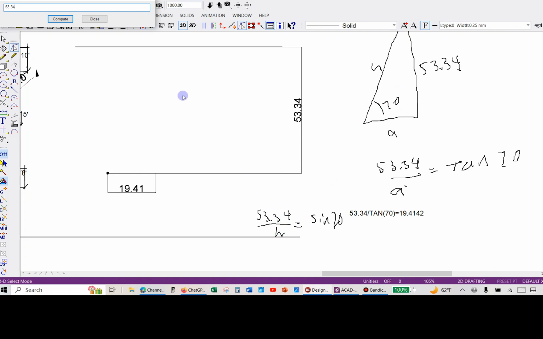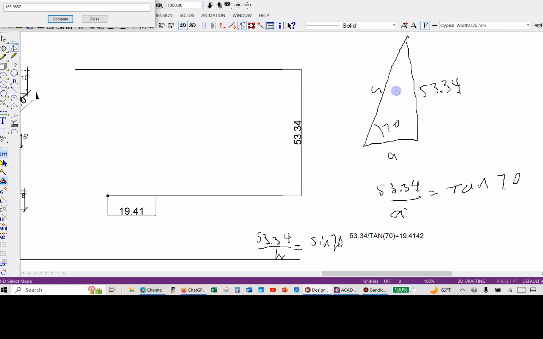So 53.34 divided by sine of 20 gives 155. There's something wrong with that, right? It seems odd because the sine of 70 should be really close to 1. It's 0.9, right? Why would 53 divided by 0.9 end up being 150?